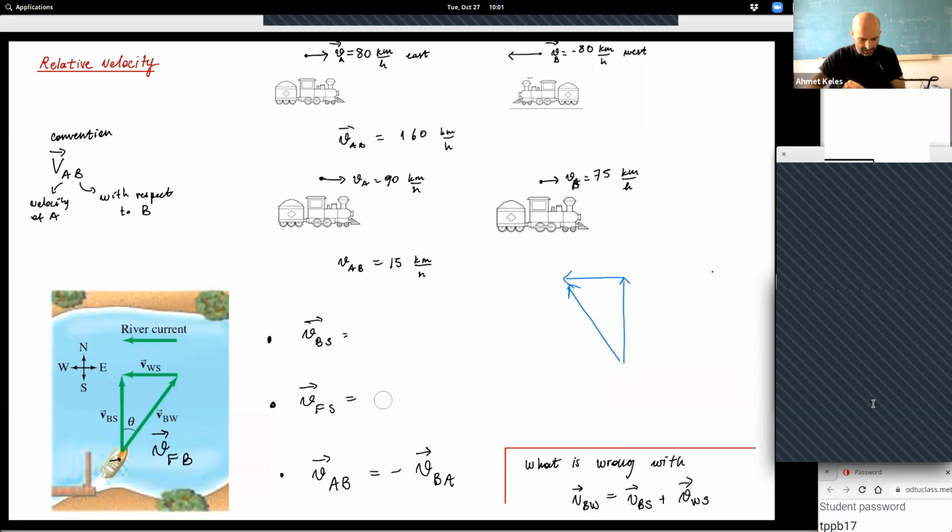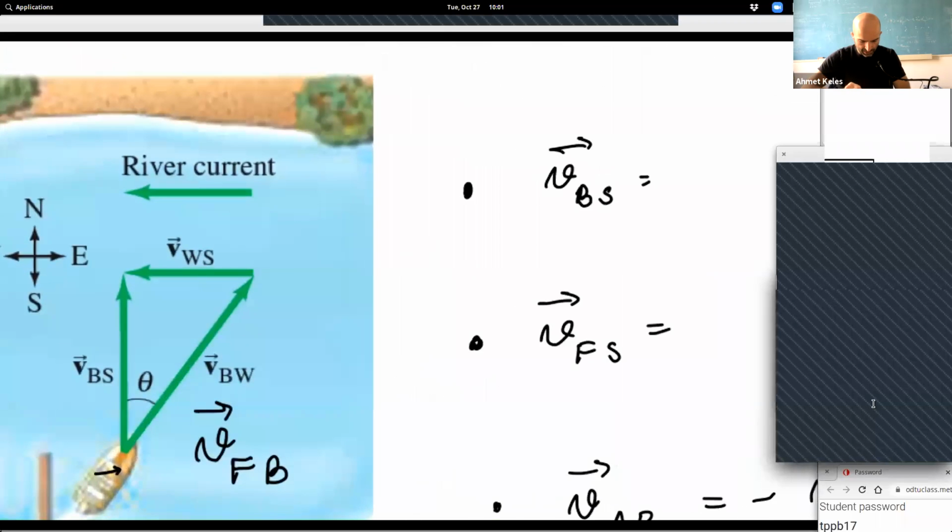So here's the problem. You have a boat, and let's say you are sailing in it. The boat's velocity with respect to water is given by this. But the water is in a river, and it has a current like this. Maybe I can zoom in to show it more clearly.